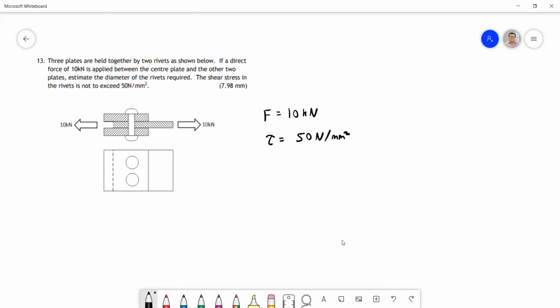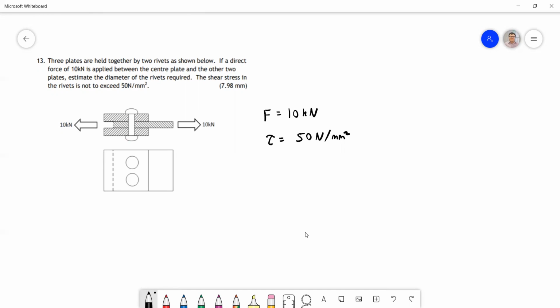If we base our calculation on this maximum value, then we can work out what area is permitted for this particular combination of stress and force. So we can find out what area would be big enough to keep this 10 kilonewton force limited to a stress of 50 newtons per millimeter squared.